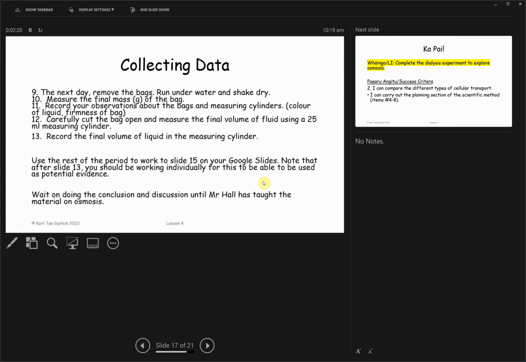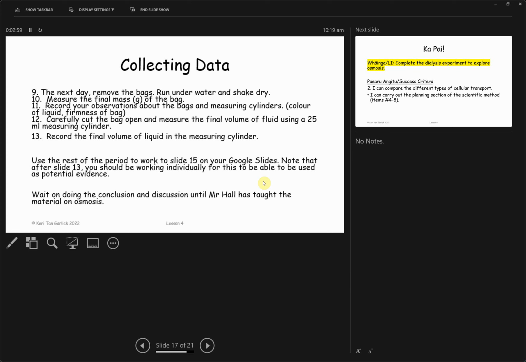So there's 3 measurements you're taking. The first measurement is the dialysis bag weight. The second that you're measuring is the volume in the cylinder. And then the third one that you are measuring is your dialysis bag cut open and the solution poured into the measuring cylinder to measure it. In theory, the mass that you weigh for your dialysis bag should be the same as what you read for your measuring cylinder. Because 1 gram of liquid equals 1 mil of liquid. Okay? So that's the data that you guys need to collect.